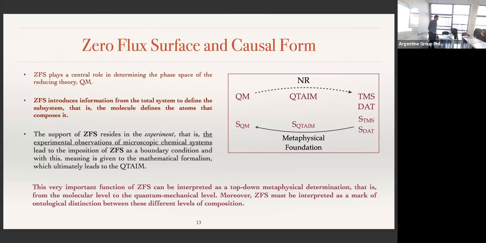For instance, I would say that I'm very skeptical about downward causation. However, I agree with your idea of top-down determination. How is it possible? Because I think that when people think in downward causation, they are thinking in something different than determination, top-down determination.